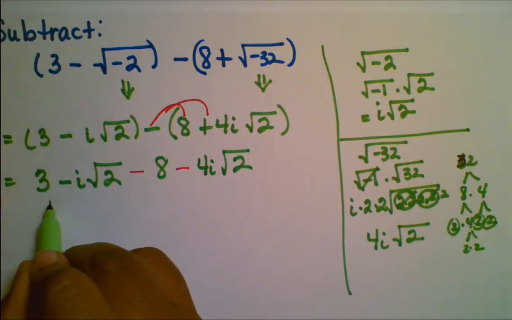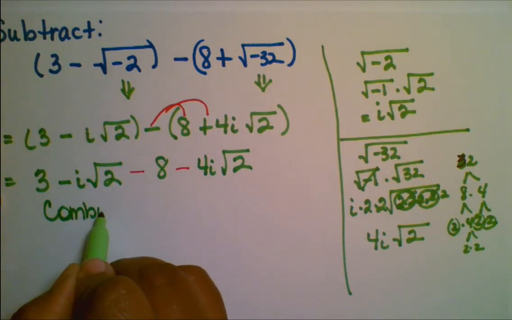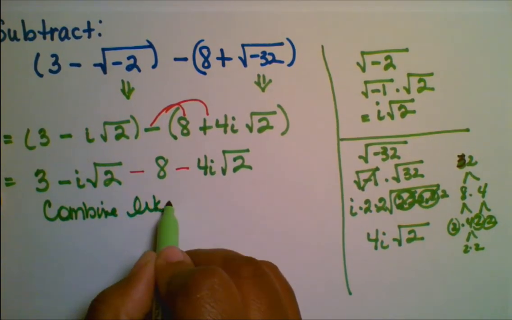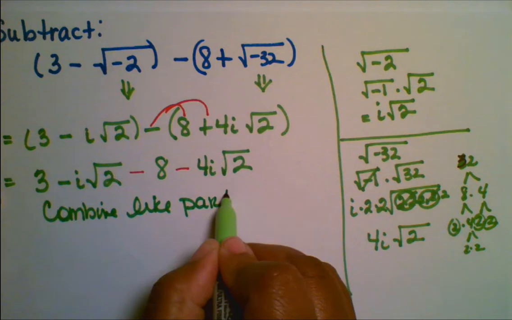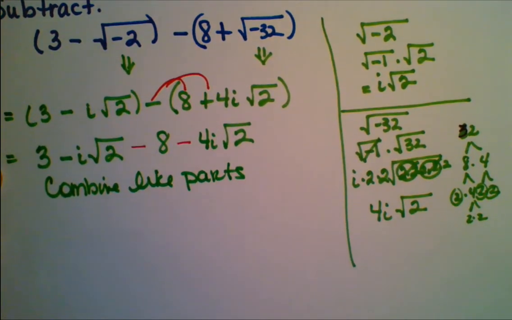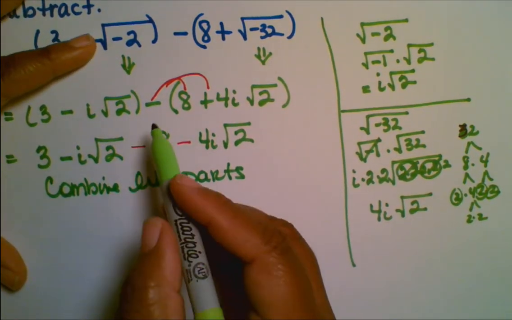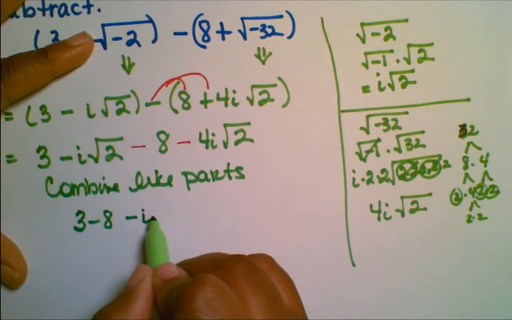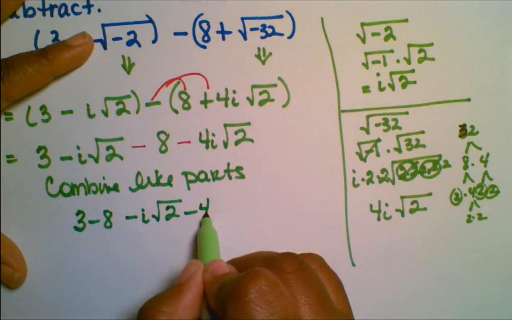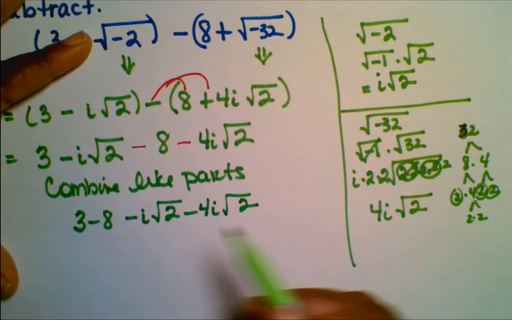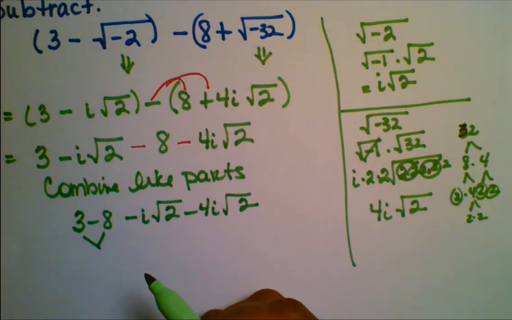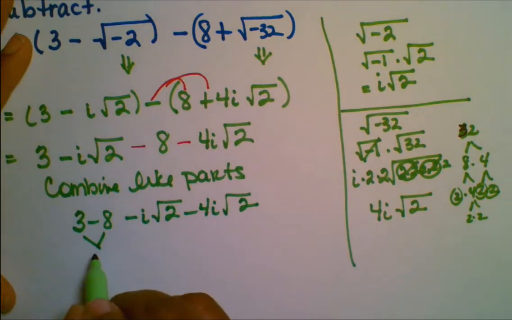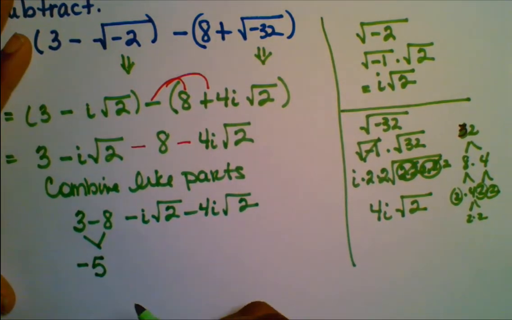We're going to next combine like parts. The 3 minus 8. And we have the negative i square root of 2 minus 4i square root of 2. Subtract 3 and 8. We have negative 5.